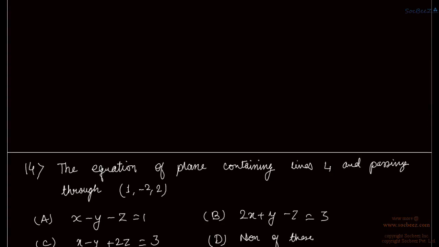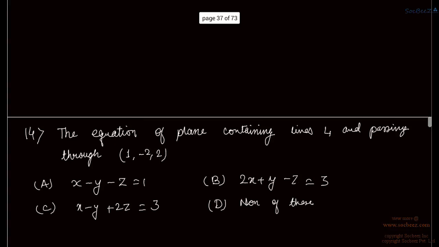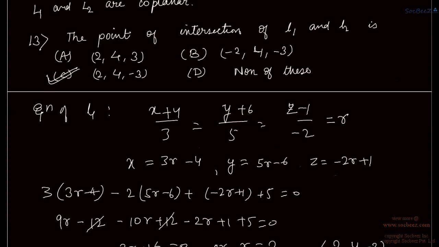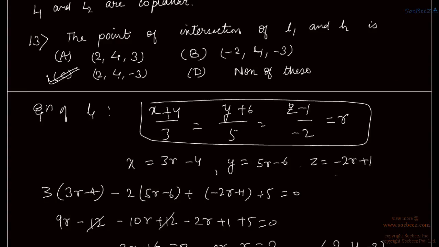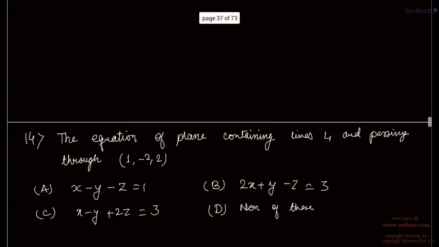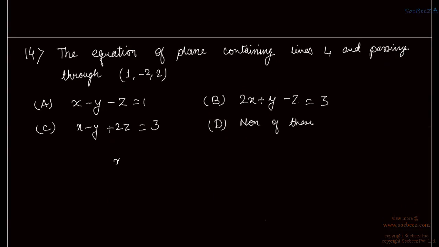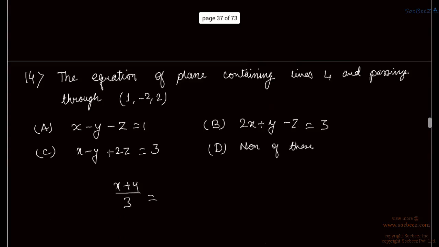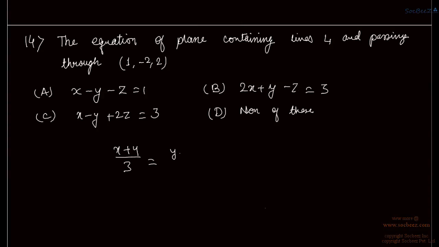Basically the equation of L1 is given by this. So we have line L1 as x plus 4 upon 3 is equal to y plus 6 upon 5 is equal to z minus 1 upon minus 2, right?